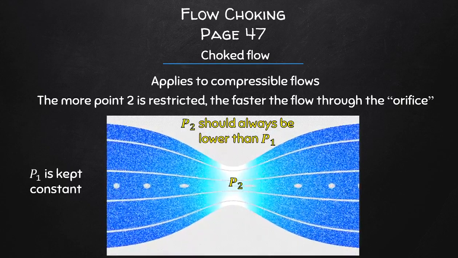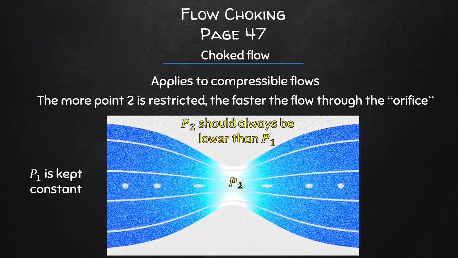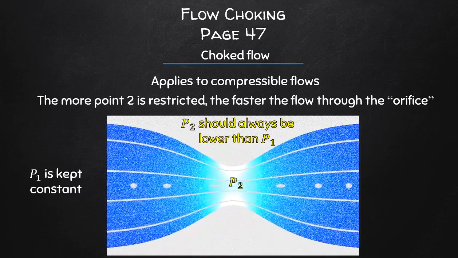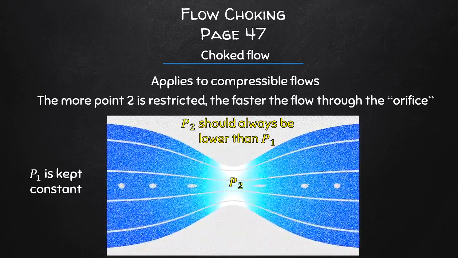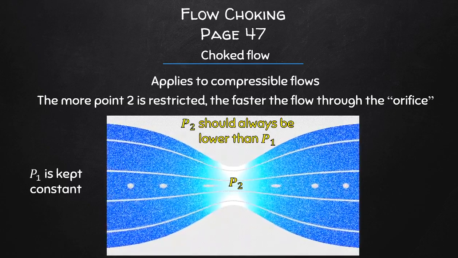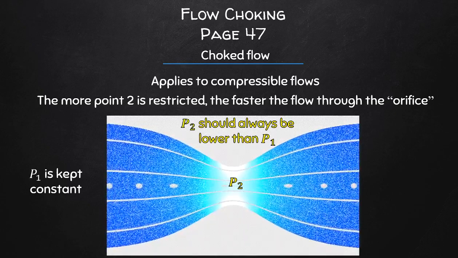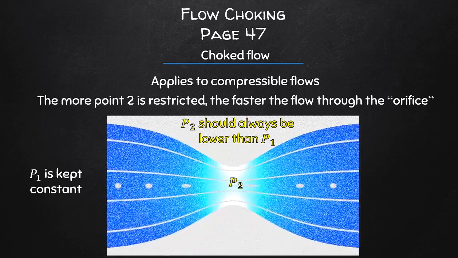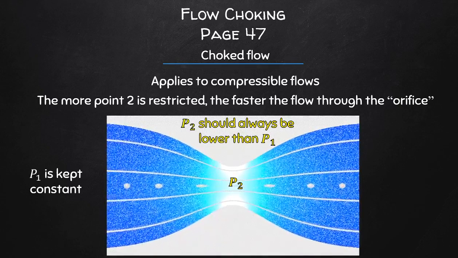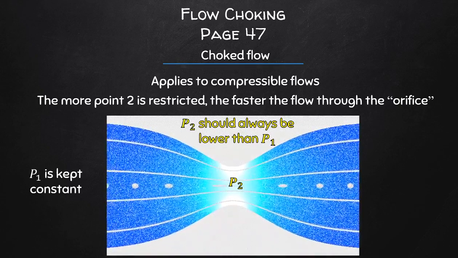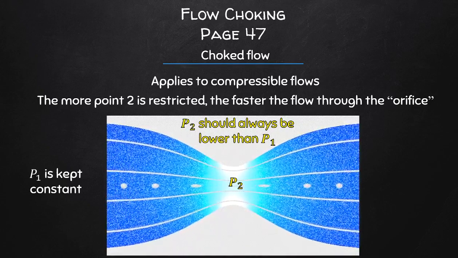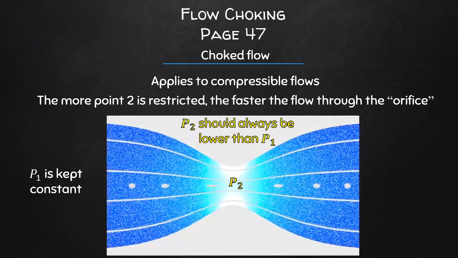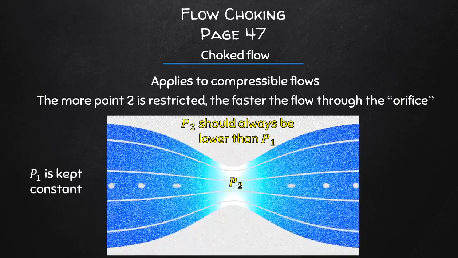I do give an explanation at the back of this lecture at the end, but you can consider the fluid moving more as particles that are bumping into the wall as well as themselves. The closer that you get to the throat section, the less they collide with each other and the more they tend to flow linearly through the throat. So it's got to do with their linear velocity and in which direction they are moving when they reach the throat.